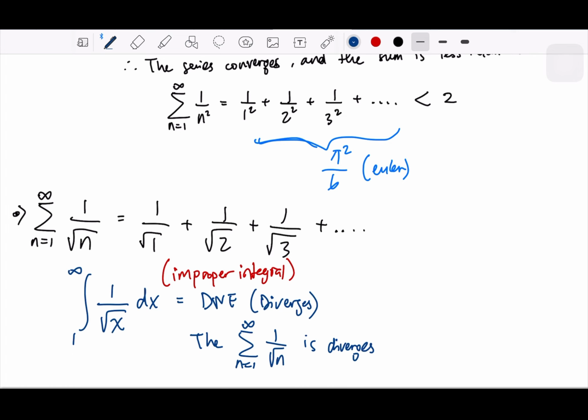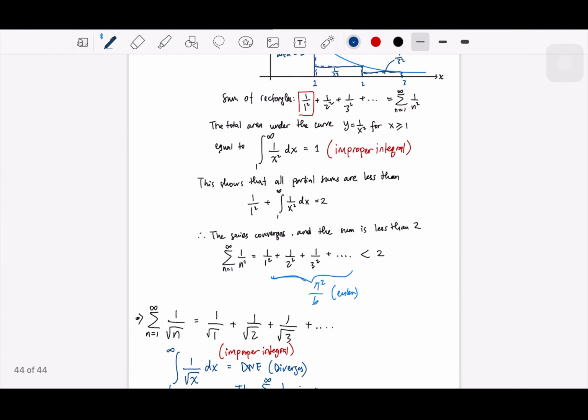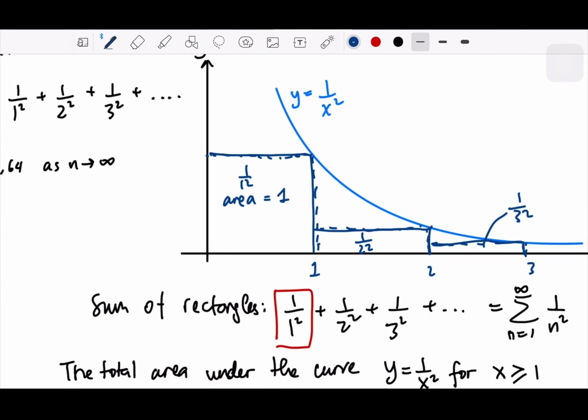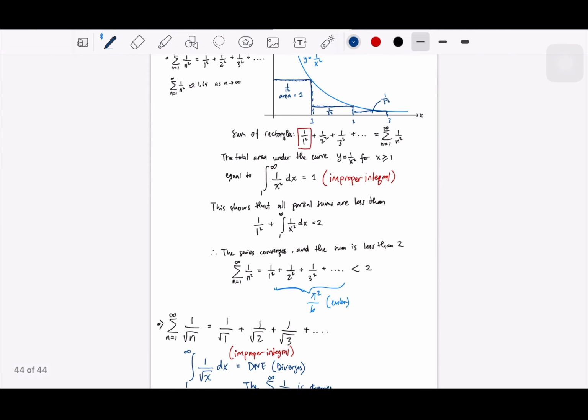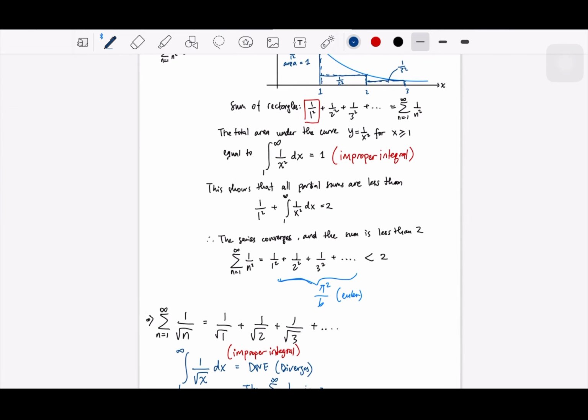But we need to make sure that the function is continuous. It should be decreasing. And then we can take the integral and check whether it converges or diverges. Okay. Let me write the conclusions on a new slide.